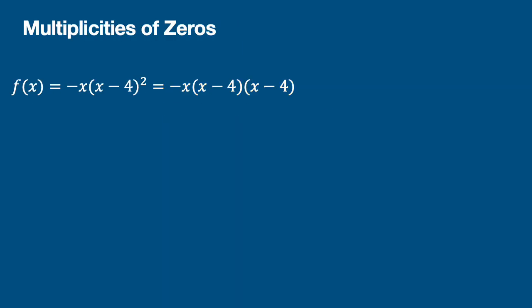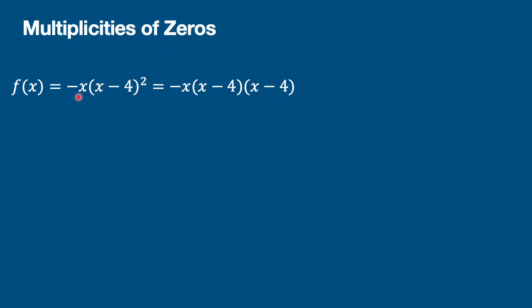Now I showed the different behavior of zeros. One has two of the same zero, the other has one zero, and they show different behavior at the x-intercept. That's how I'm going to introduce multiplicity of zeros.